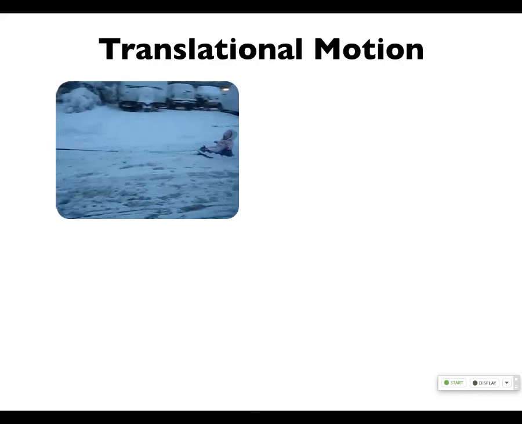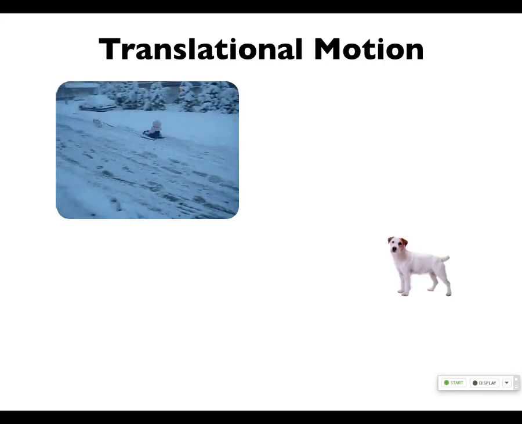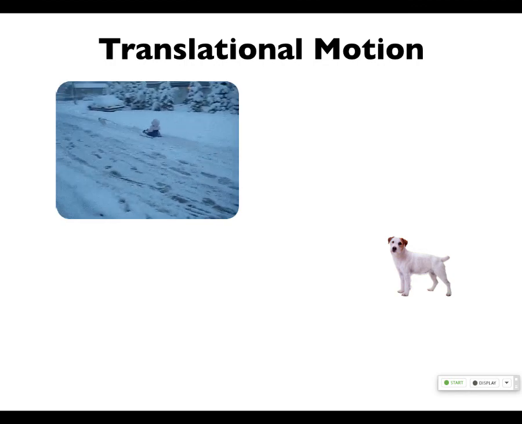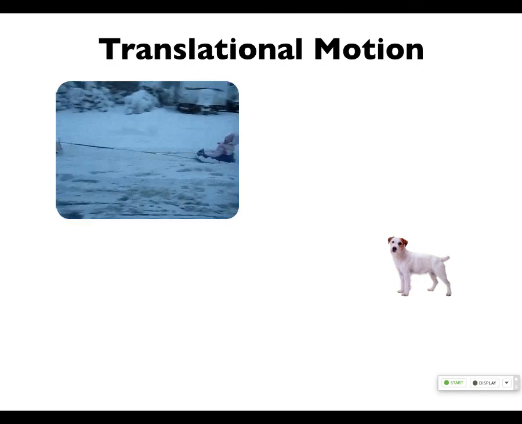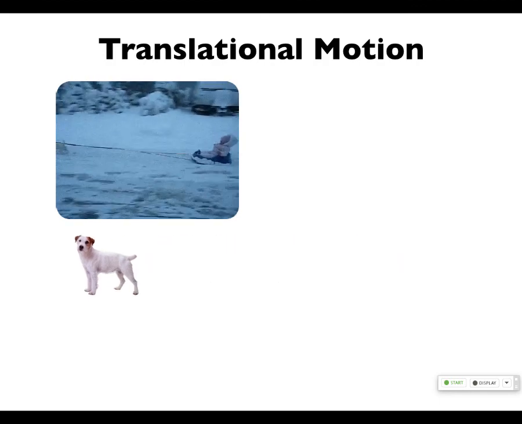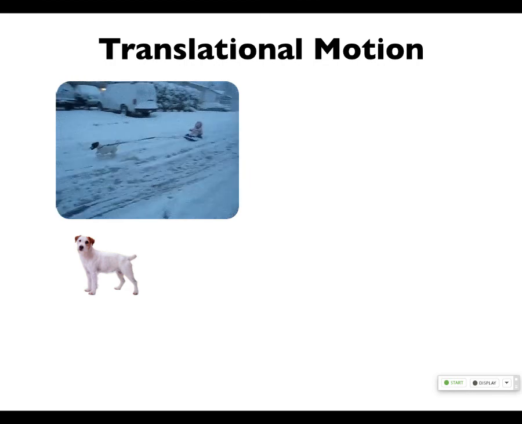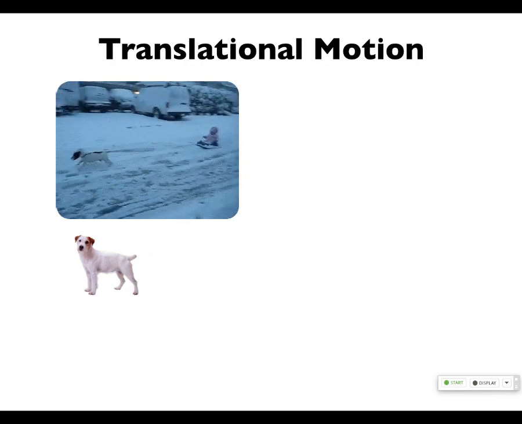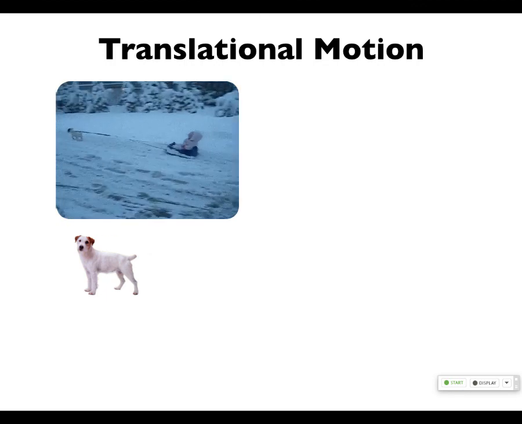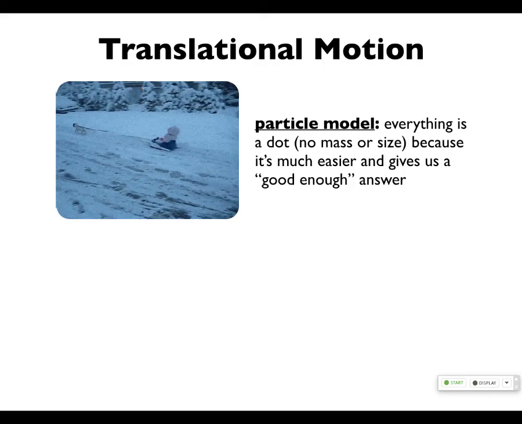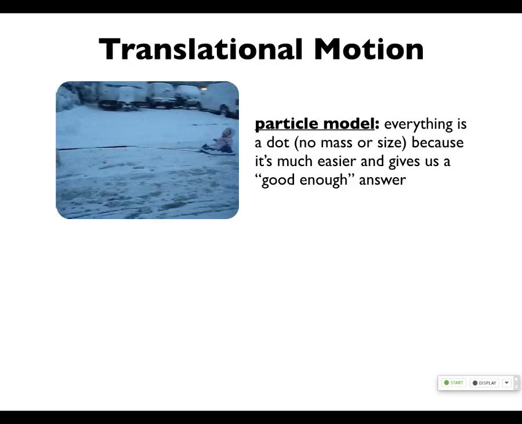So, we want to represent these things in a simple model. So let's start with the dog. Let's say we wanted to sort of recreate this. So we're just going to say, okay, this dog is moving from here to here. Now, do you want to draw a dog every time you have to figure out how far a dog's running in a problem? No. So we have something called the particle model, which basically says make everything a dot.